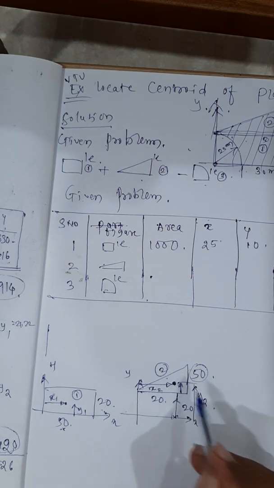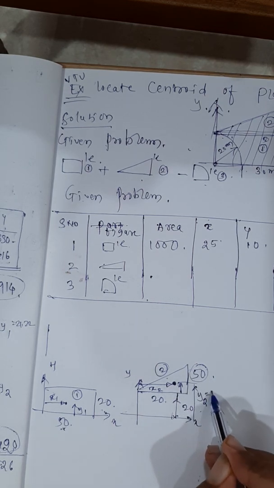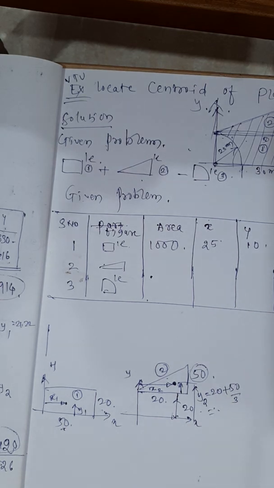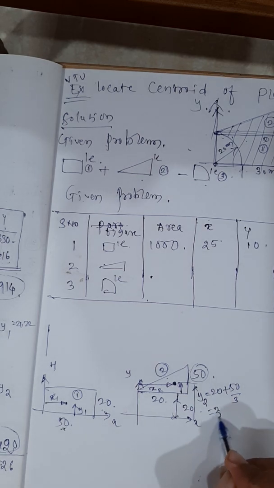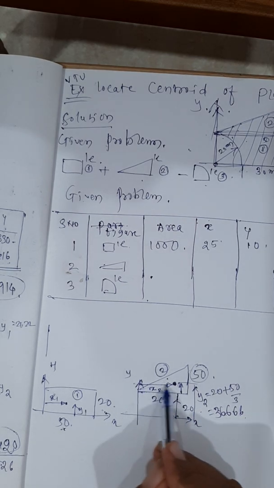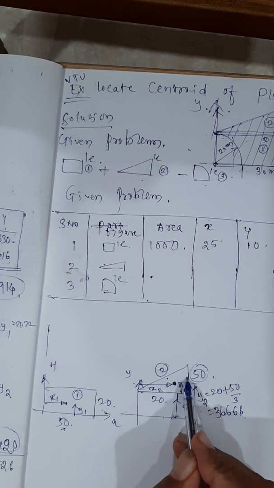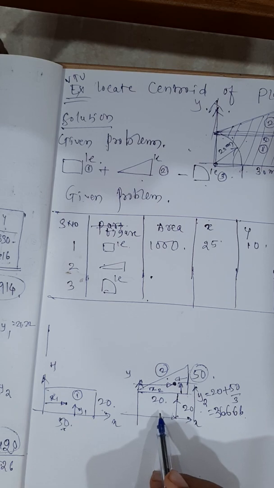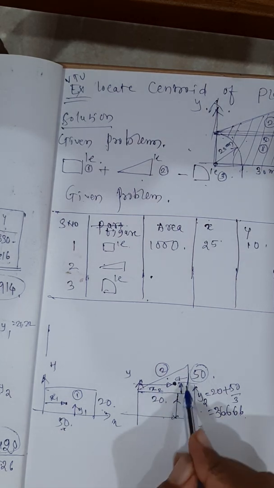But I want it from here. Therefore, y2 is equal to 20 plus 50 by 3, which is 20 plus 50 divided by 3, equal to 36.66. Similarly, I want x2 from here. I know it is located from here at a distance of 50 divided by 3.